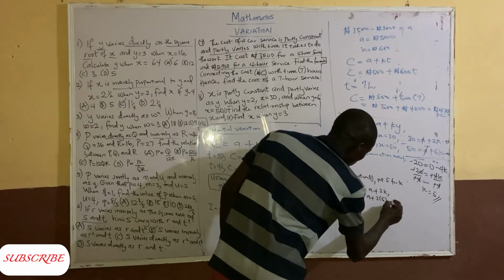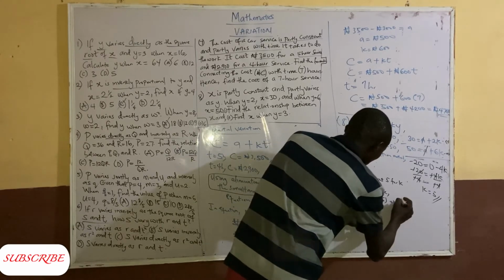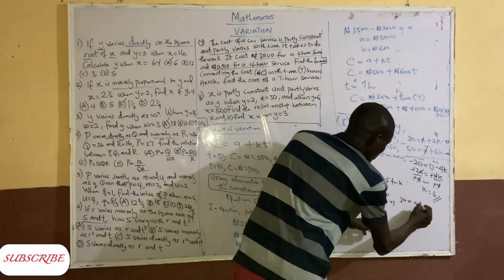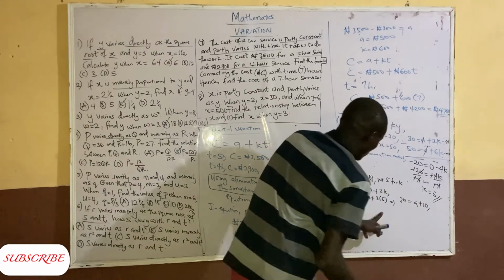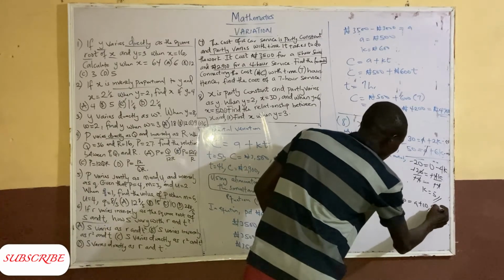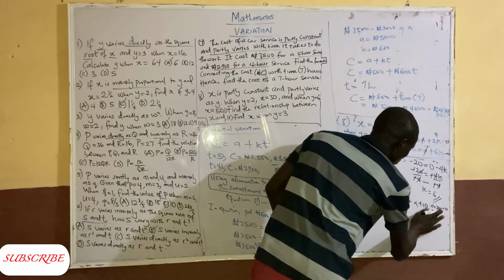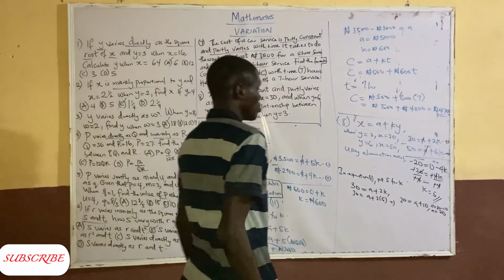This will give you 30 equal to A plus 10. So A is definitely 30 minus 10. A is equal to 20.